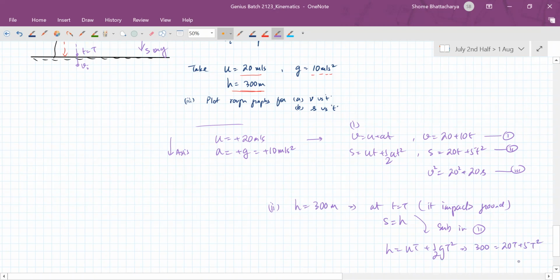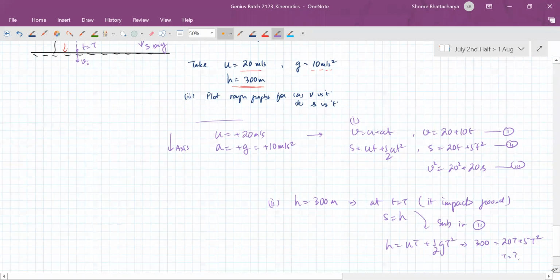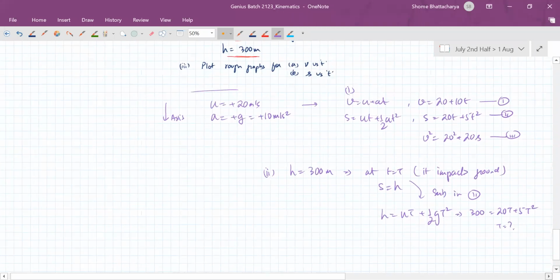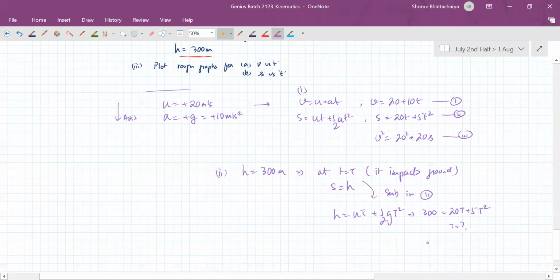So this becomes a quadratic equation. From this, we'll get time. Now, there's an interesting explanation why one of the roots will be negative, and I'll give you the explanation of that root also later. But at the moment, we'll just say that time cannot be negative because we're starting a stopwatch from t equal to 0 in the forward direction only. So we'll only take the positive root. This quadratic equation just divided by 5 becomes t square plus 4t minus 60 is equal to 0.